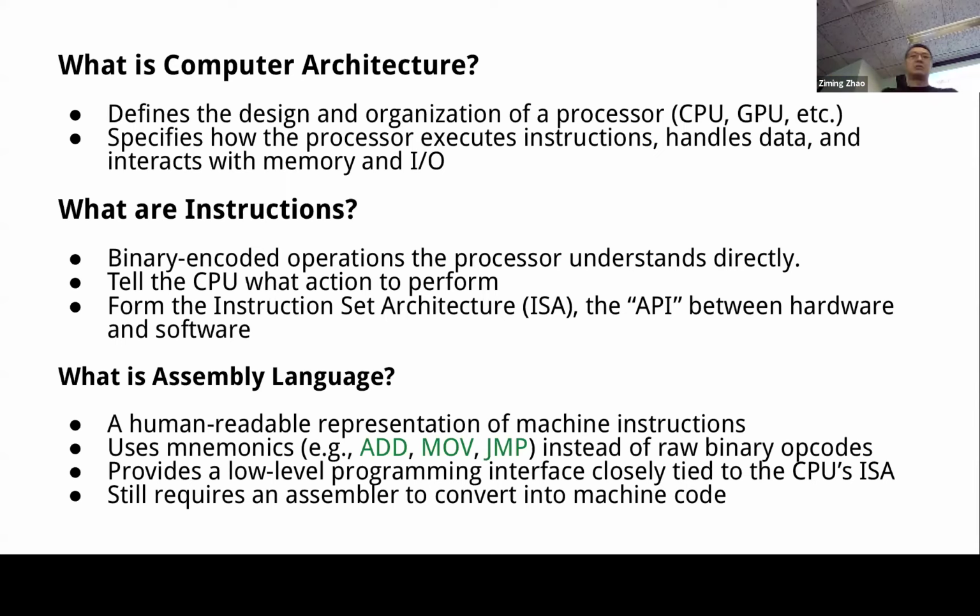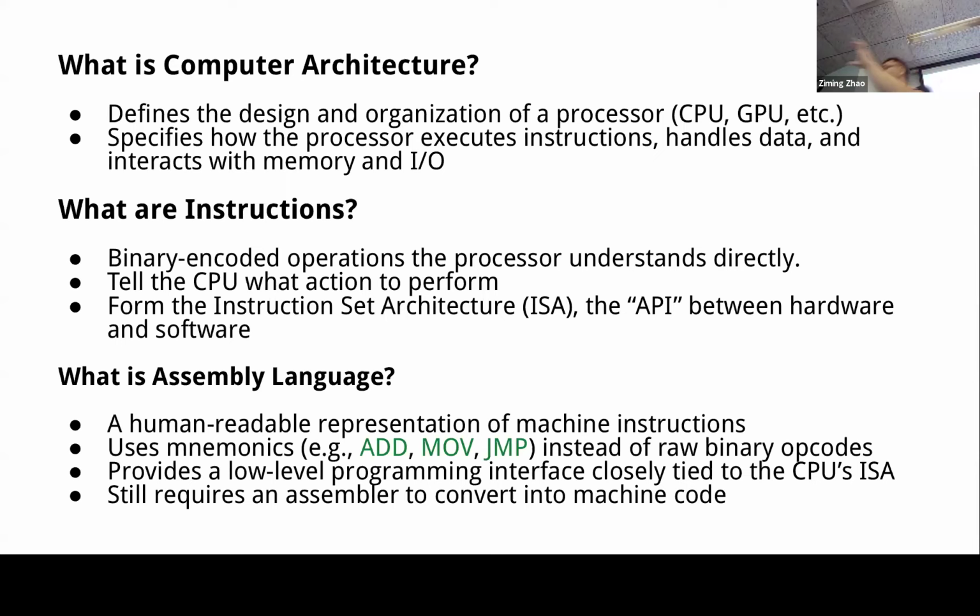Instructions are basically binary encoded operations the processors can understand. They are commands you issue as a software developer to the CPU. You tell the CPU what actions to perform, and we have many different instructions for one CPU or one GPU, and they form a set. We call them the instruction set architecture.